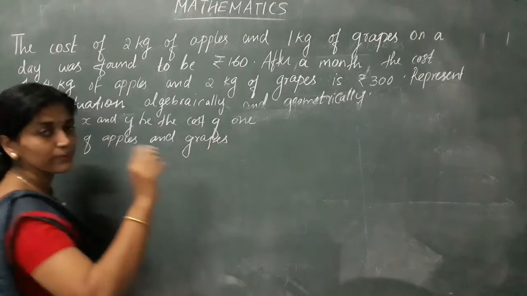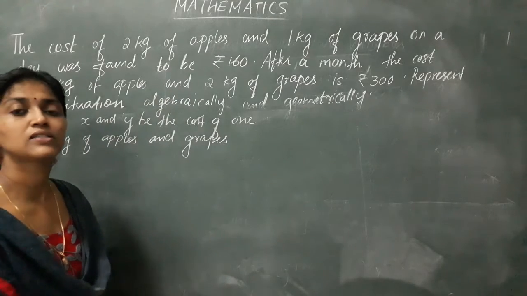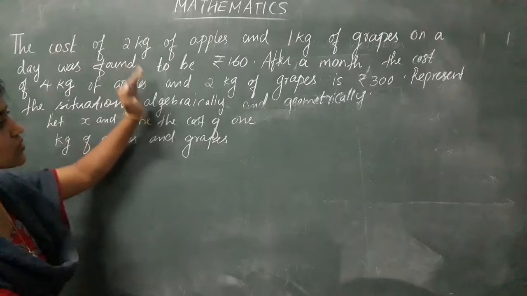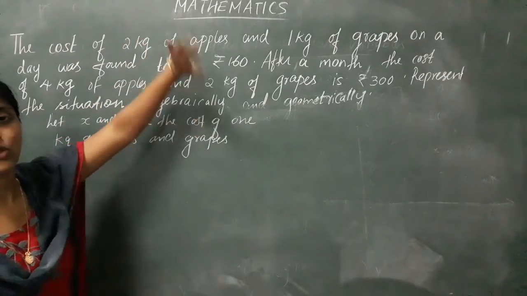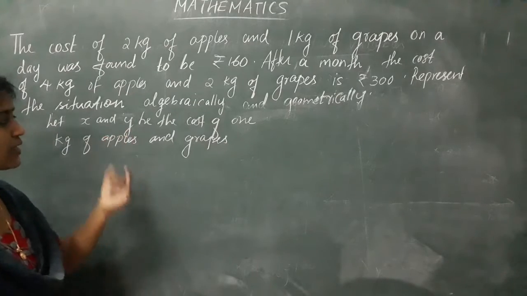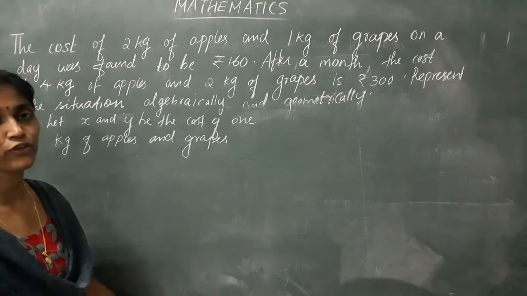We have formed two equations, isn't it? And the variables used in both the equations must be the same. The cost of apples is coming in both, and the cost of grapes is coming in both conditions. So we took x and y as the cost of 1 kg of apples and grapes. Now we have to form the equation.